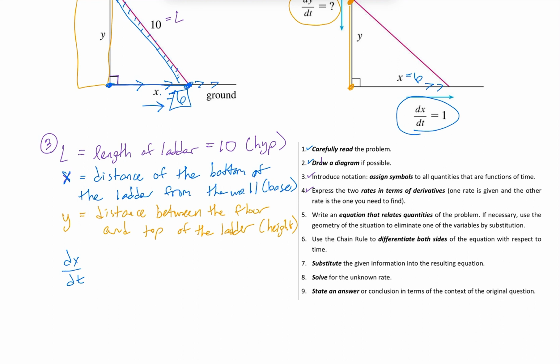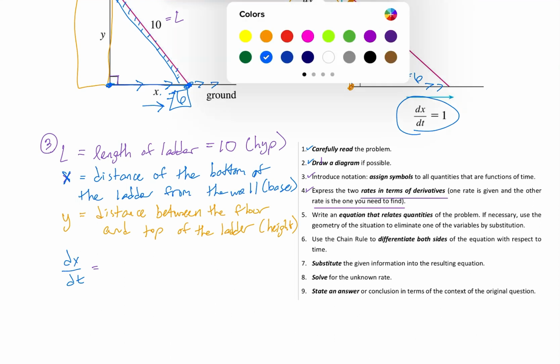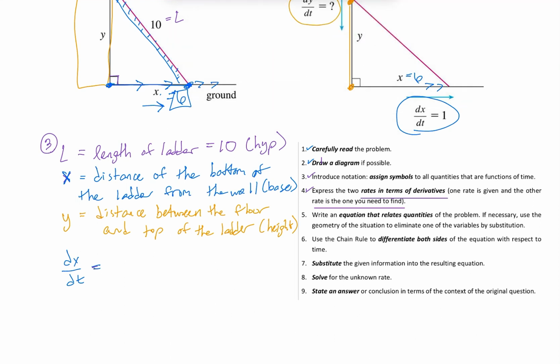Except we have dx dt, and that's actually step 4. Expressing the two rates in terms of derivatives: one rate is given and the other rate is the one we need to find. So they gave us dx dt, the rate the bottom slides away from the wall.